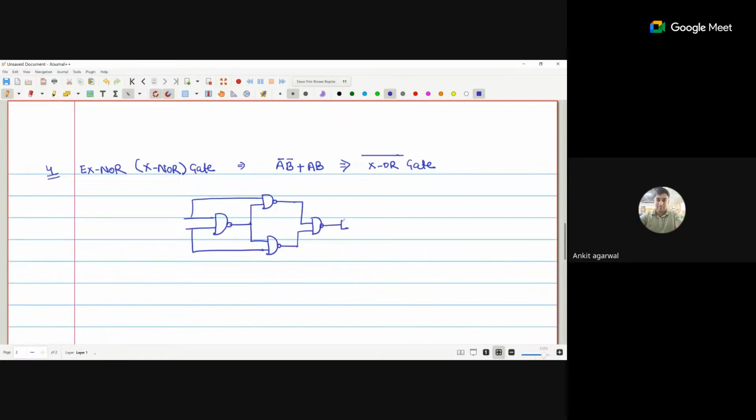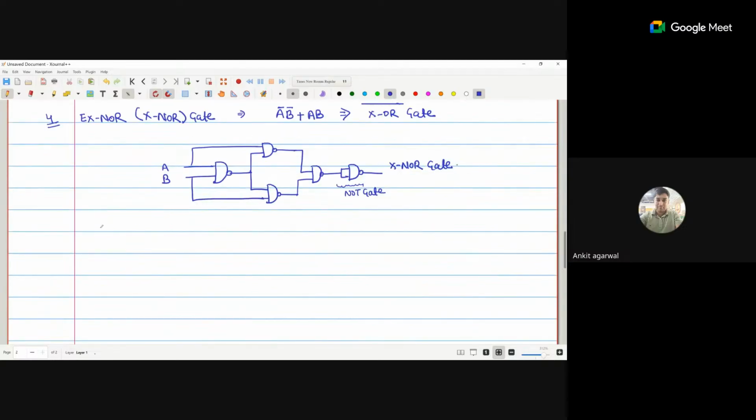Now if we do the inversion using a NOT gate, so we are getting the XNOR gate.